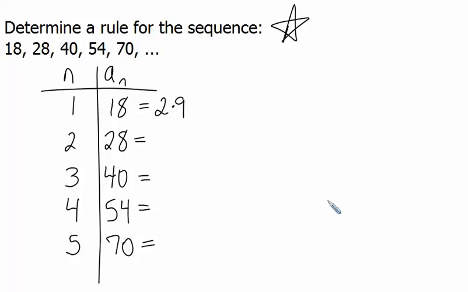That's a start. 28, I'm going to write as 4 times 7. 40, I can write as 4 times 10. 54, let's go with 6 times 9. I think that's 54. And 70, I'm going to go with 7 times 10.